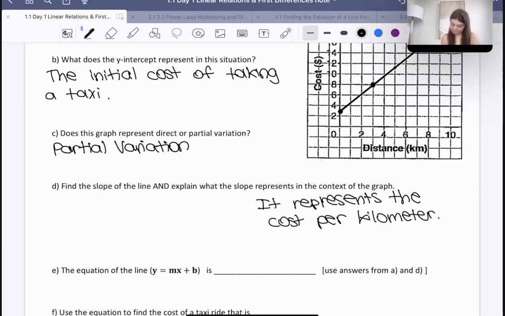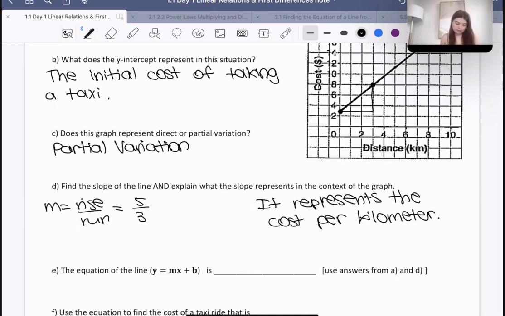Okay. So what is the slope? Well, the slope is rise over run, right? So what's the rise? The rise looks like $5 over a run of 3.